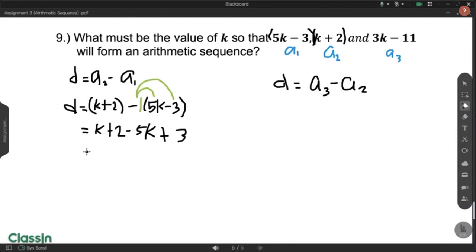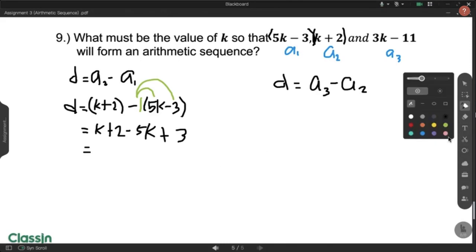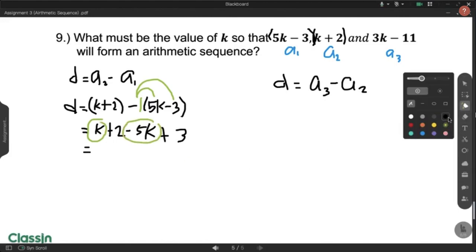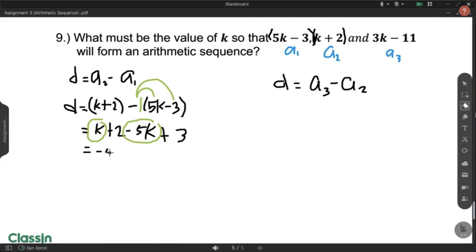Let's combine the like terms. K minus 5k, it's negative 4k. Positive 2 plus 3 is positive 5. So D is equal to negative 4k plus 5.